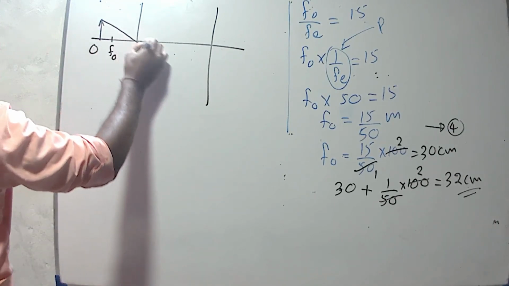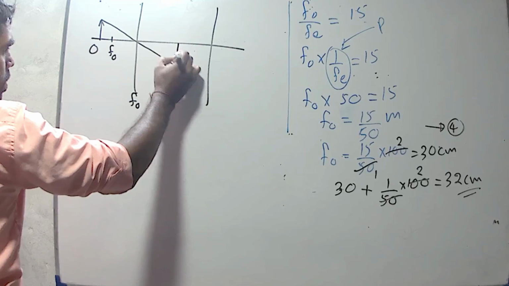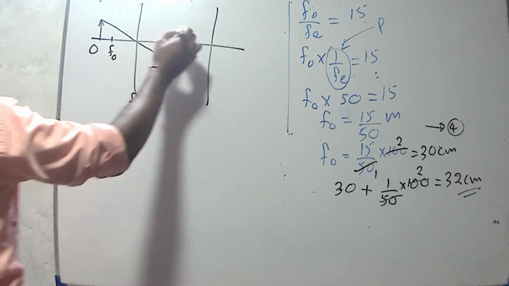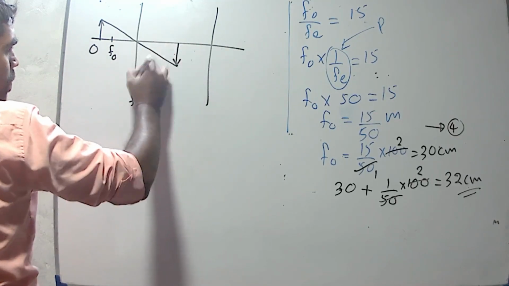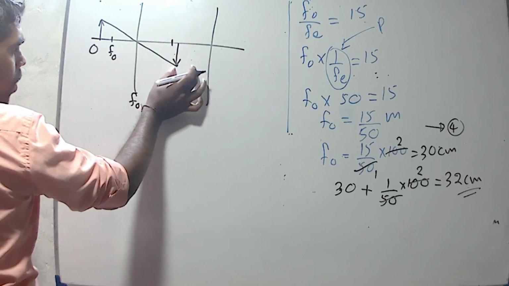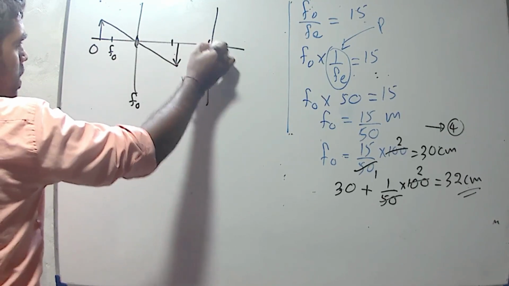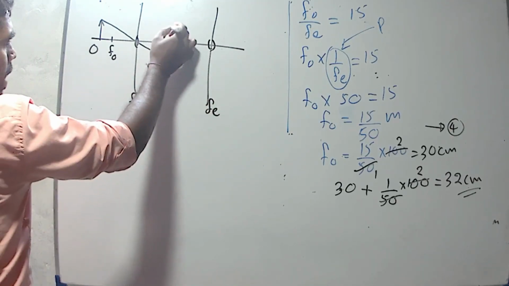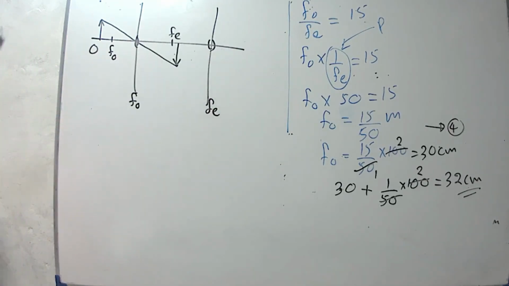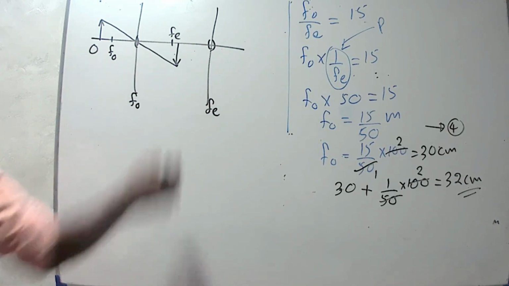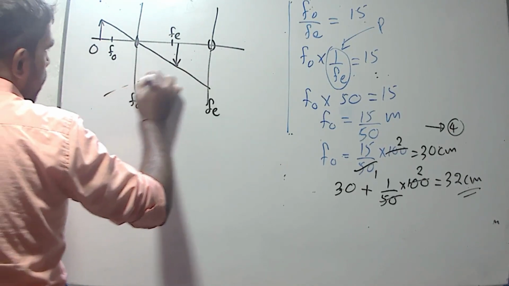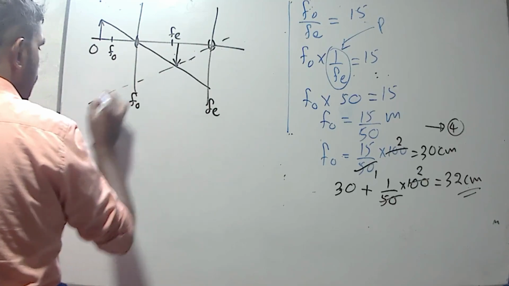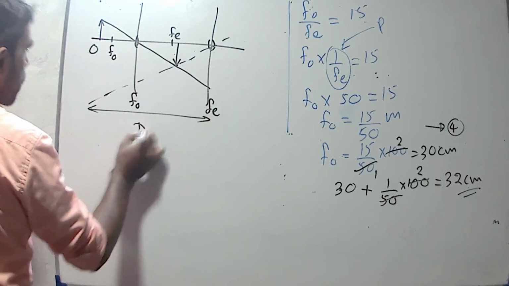Then an image will form at this place. And this one should be the object distance for the second lens. It means the object distance should be less than focal length of eyepiece lens. Then we can obtain final image at D distance. It is like this.